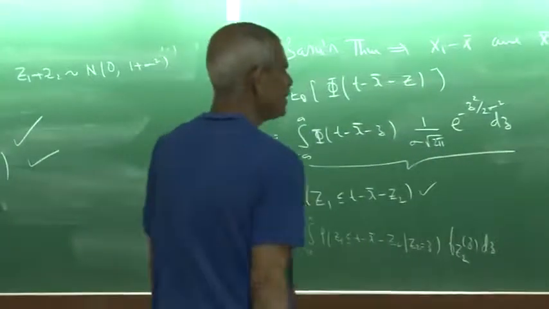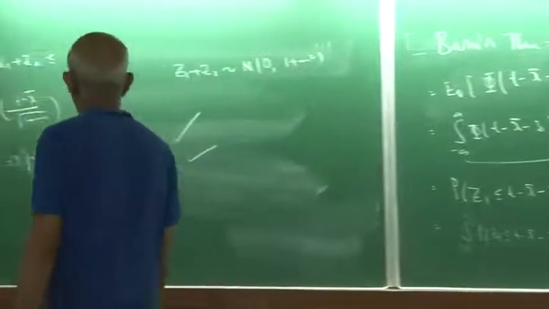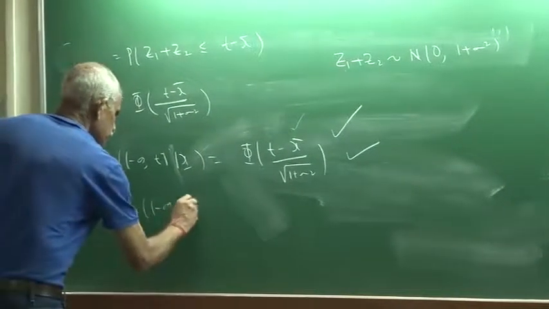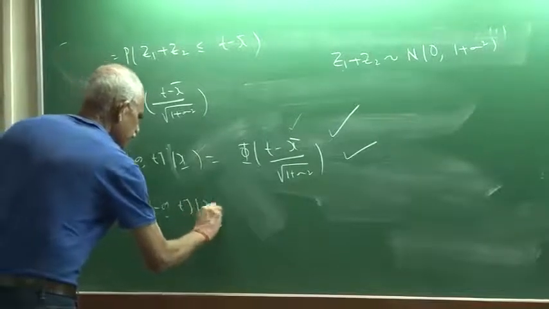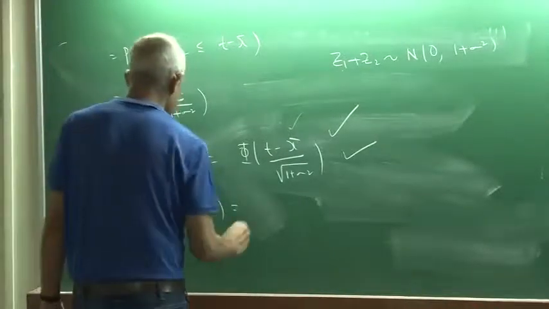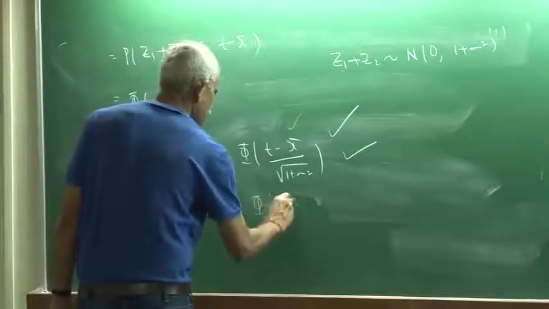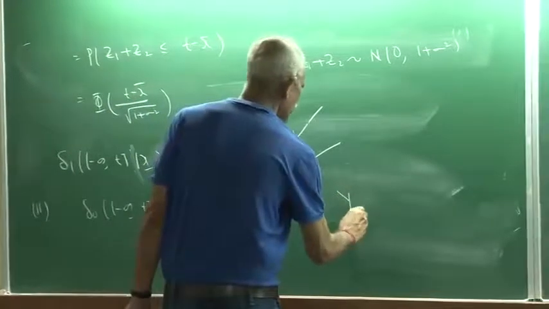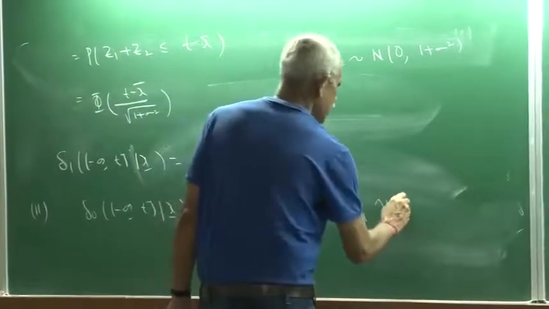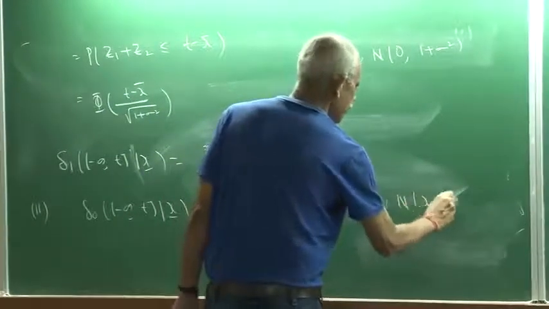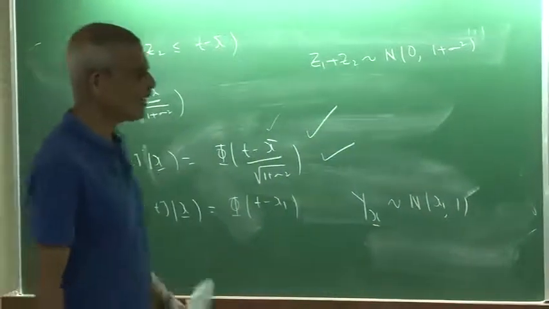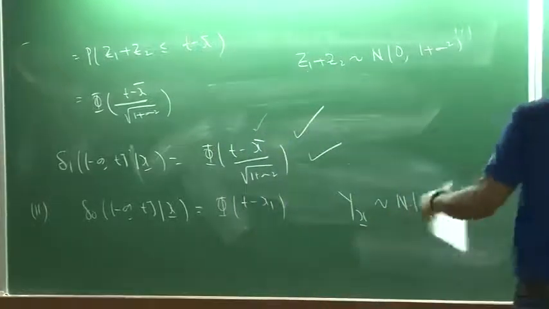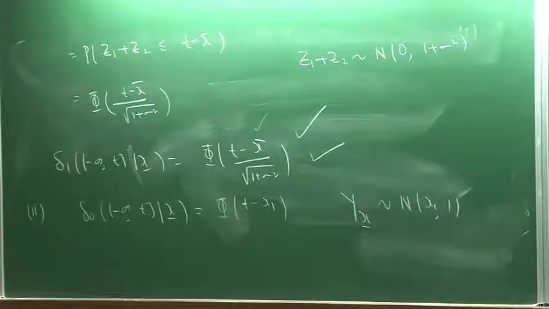So if I have to find an estimator dominating delta naught, delta naught(t minus x) is nothing but phi of t minus x1. So that means my Y of x is nothing but normal with mean x1 and variance 1. So if I have to find an estimator dominating this, what I have to do?